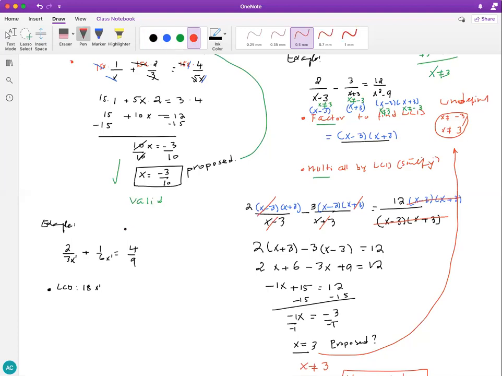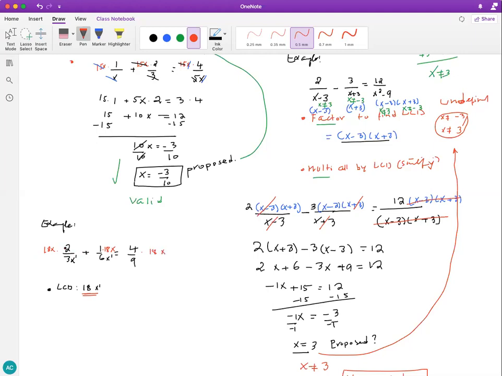Now, what do you do with that LCD? We simplify 18 divided by 3, 18 divided by 6, and 18 divided by 9. That's right. We're going to try to cancel out all the fractions. You'll write your LCD next to all the fractions.